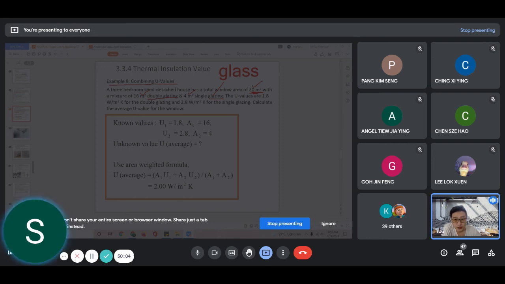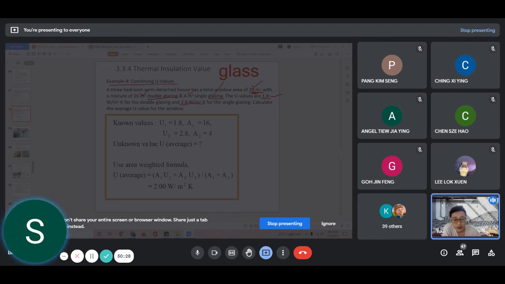Okay, so then this 16 meters square, the double glazing, they have this U value. Oh, sorry. This 1.8 is for double glazing and then this 2.8 is for single glazing.